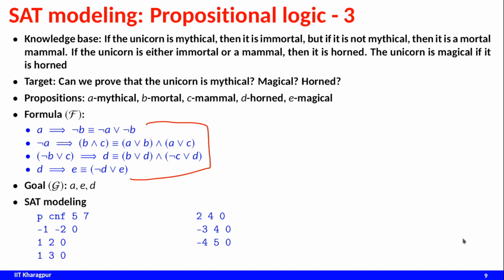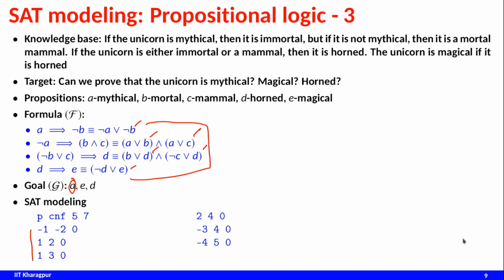So we have five variables, and we actually have seven clauses. So this is one clause, this is another, second, third, fourth, fifth, sixth, and one of these will form the seventh clause. For the knowledge base, I just need six clauses, and that has been defined here.